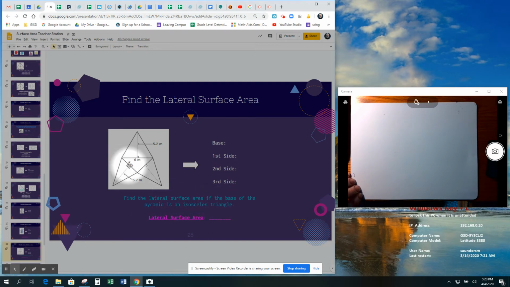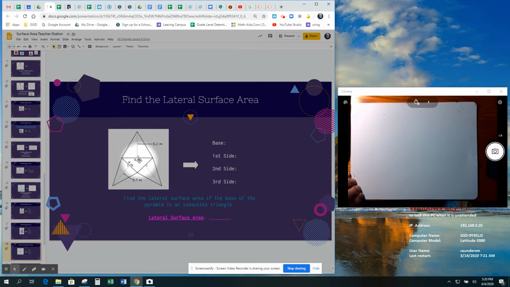So this base of the triangle would be 4. That means that this base would be 4, and this lateral height would be 5.7 meters, and this lateral height would be 5.7 meters. So these two triangles are the same, but this one is different. This one has a base of 6 and a slant height of 5.2 meters.